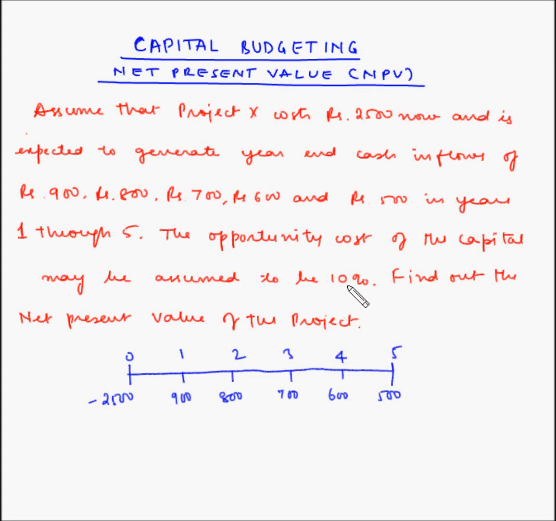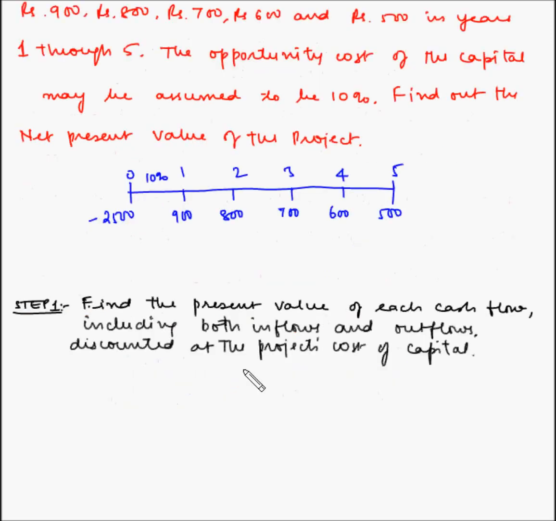So basically this is the time value of money. So we need to discount the cash flows by 10% per annum in order to find the present value. So the first step in finding the net present value is to find the present value of each cash flow, including both inflows and outflows, discounted at the project's cost of capital.